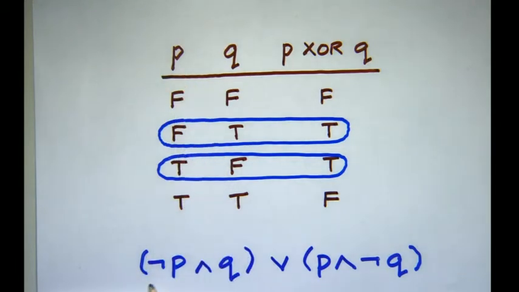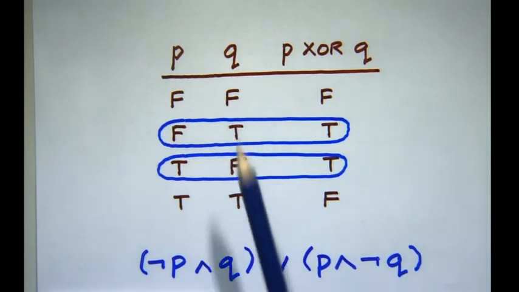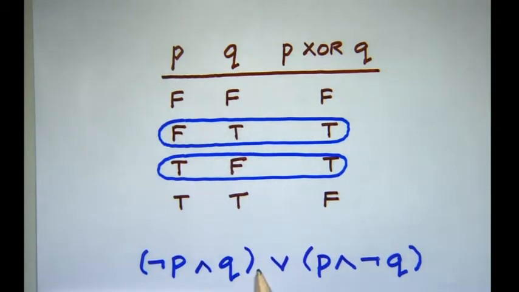P is false, it's not the case that P is true, and Q is true, and Q. So that's saying the inputs are such that we use the second row, or the inputs are such that we use the third row, okay? I hope that's clear. And using that same method, you could perhaps do that for any truth table.